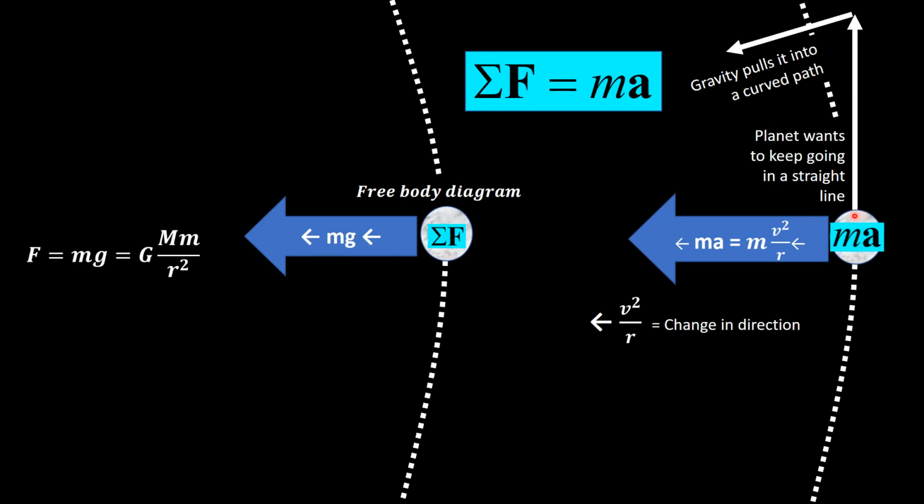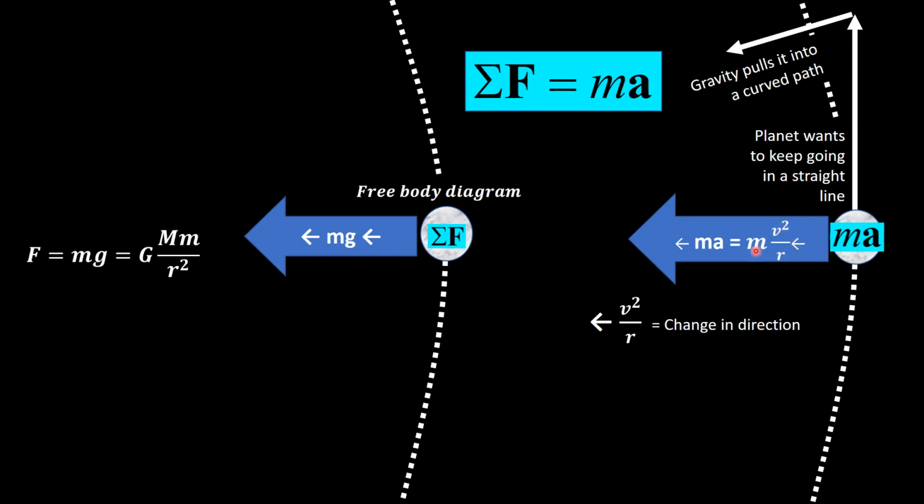So what the planet wants to do is go shooting off in a straight line. It doesn't want a curve. But instead of shooting off in a straight line, the direction of it is changing. It's getting sucked back into the center because of that gravity.